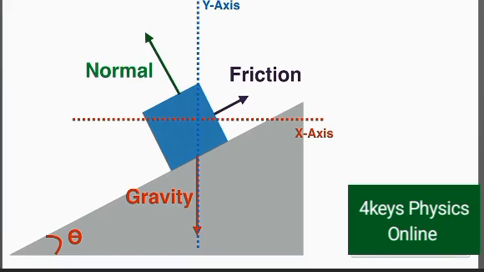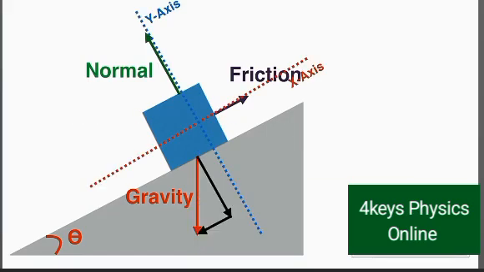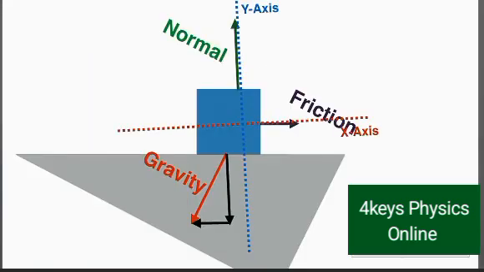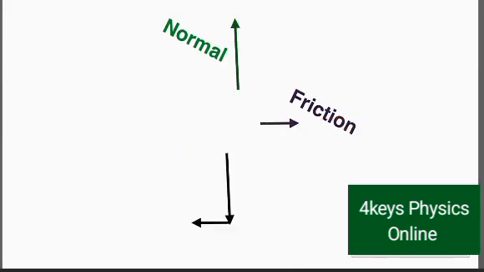So when we do our trigonometry, we already know that our force of gravity is equal to mg, and we have an angle theta there, which is similar to the angle that we are given, or the angle of inclination. If you tilted your axis like that, you would also realize that those components of gravity, the vertical and the horizontal components, are acting parallel to the x-axis and also to the y-axis. So those are the forces that are available at the end of the day.